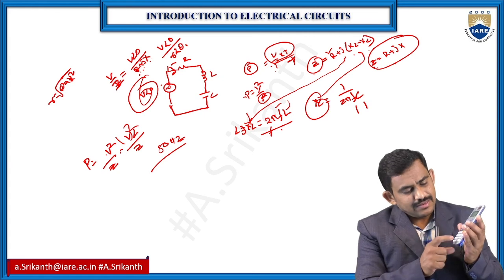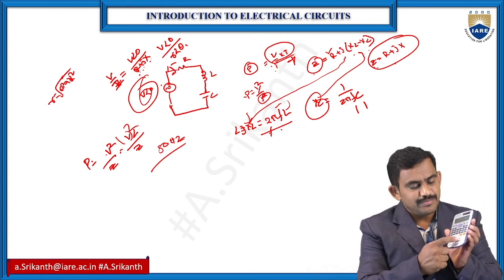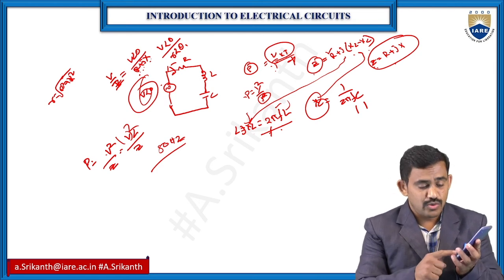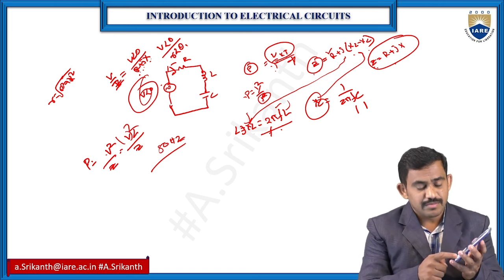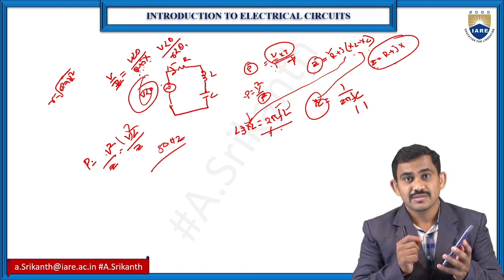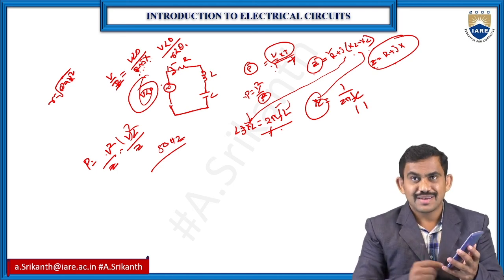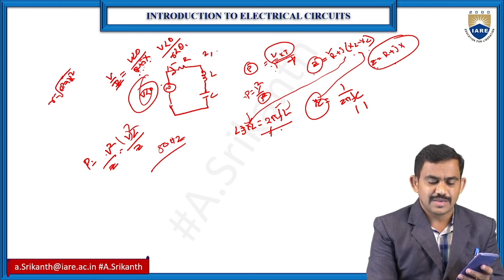On the calculator, press shift then plus for polar. We can convert rectangular into polar. If I want to convert polar to rectangular, then shift minus, and we will get the rectangular values. Suppose I want to convert into polar, where R is 2 and X is 3.